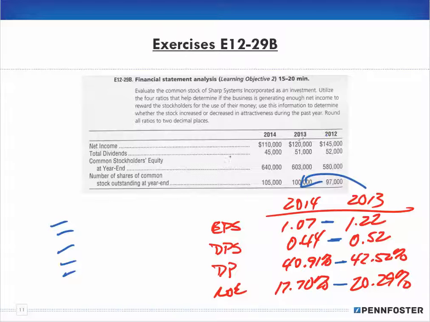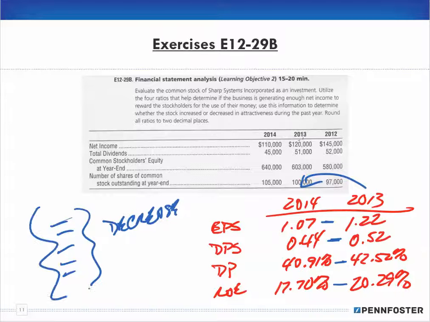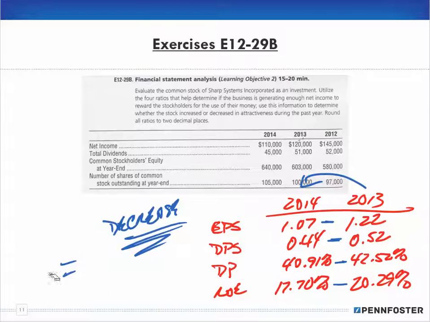So hypothetically here, we're seeing negative. So this is a decrease. So they're not, right? Because everything is a negative. So the answer to the question is a decrease. It is not rewarding. It's not generating enough income to reward the shareholders.